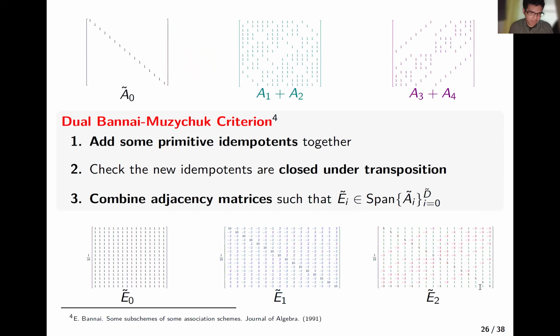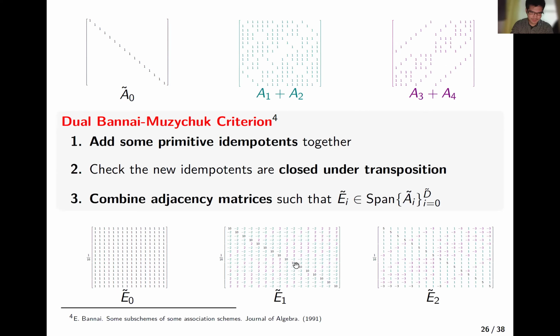I want to combine the adjacency matrices such that my new idempotents here at the bottom are in the span of these new adjacency matrices. So I want my fused idempotents to be in the span of these fused adjacency matrices. And I want these fused adjacency matrices to be the same in number as my fused idempotents here at the bottom. So 3 fused idempotents, 3 fused adjacency matrices.